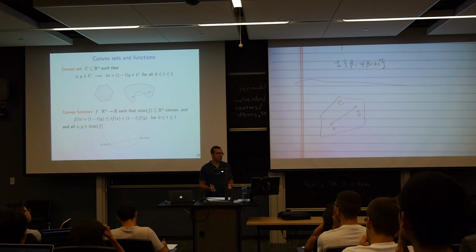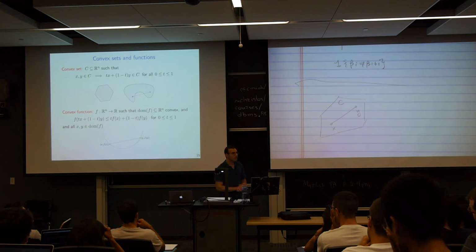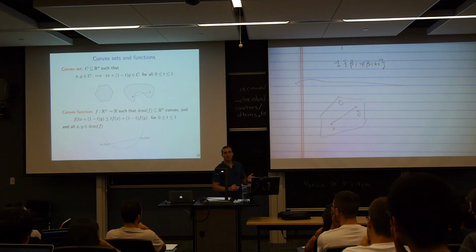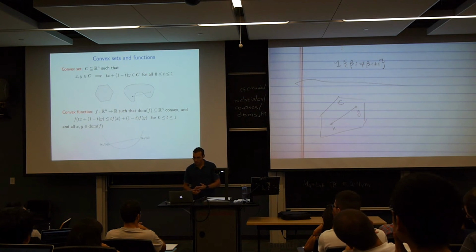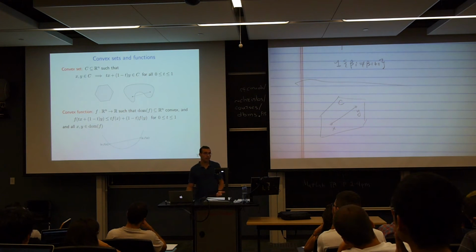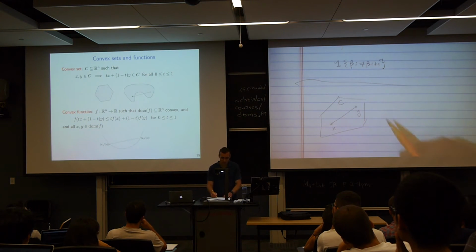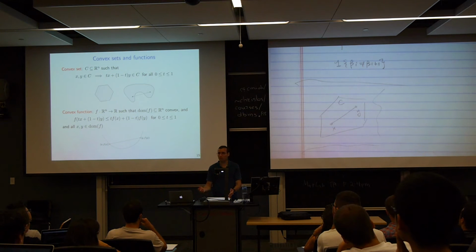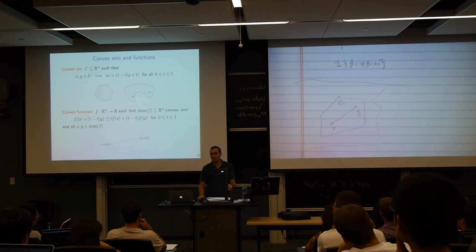What's a convex function? A convex function is one that goes from Euclidean space to R that has two properties. The first is that its domain is a convex set. So we're not going to be very careful with domains in this course, although it's good to be explicit about them at the start. The domain of a function is just the set of all arguments under which it's well defined and finite.